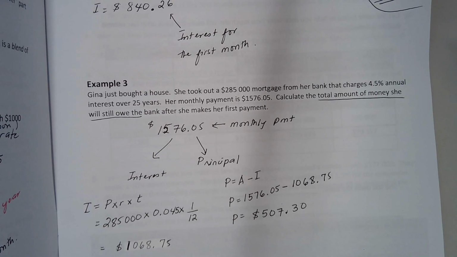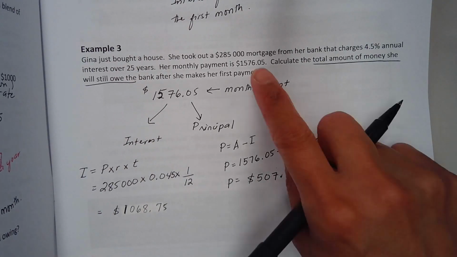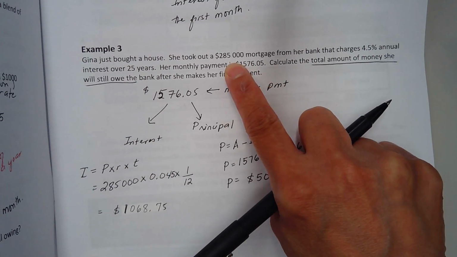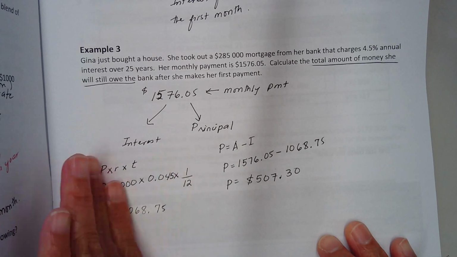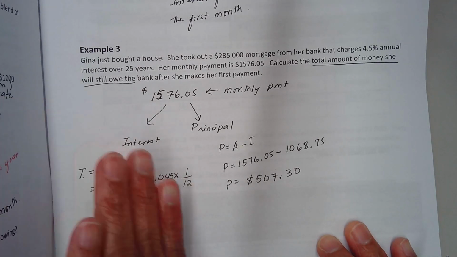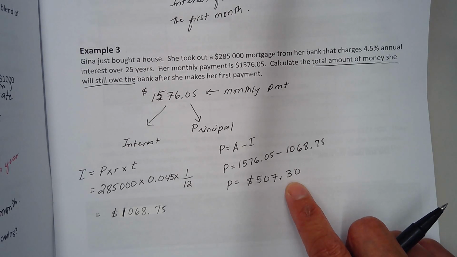So how much money does she still owe the bank? She started off with $285,000. This amount is gone because that went to the bank. This amount went towards paying off the loan.